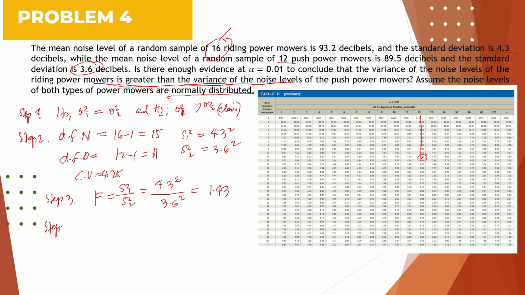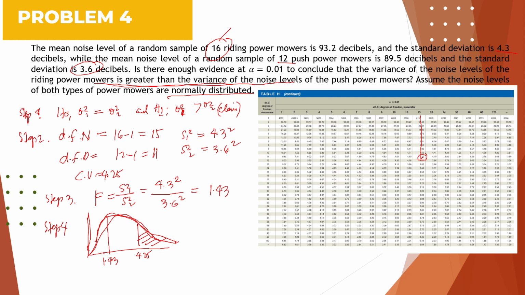In step number 4, we have to make a decision. We have to graph first. This is skewed. If we graph this, we have to emphasize that this is skewed. Our critical value is 4.25, and our F value is 1.43.